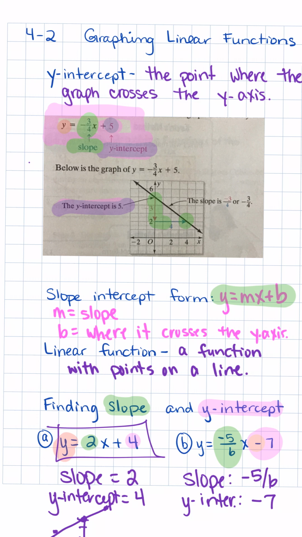Now, if we are looking at graphing functions of the form y equals mx, so if we had the function y equals negative 4/5 x, where y represents the temperature and the x represents time in minutes, they want us to graph it.